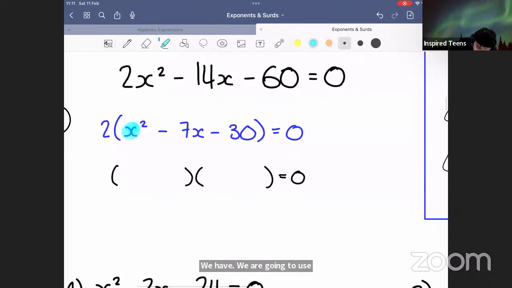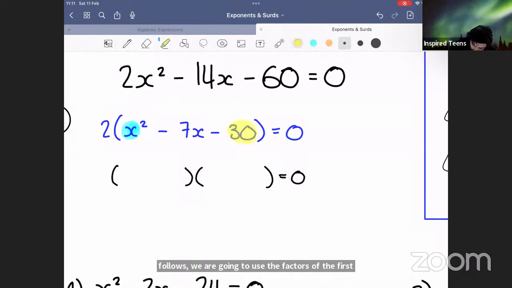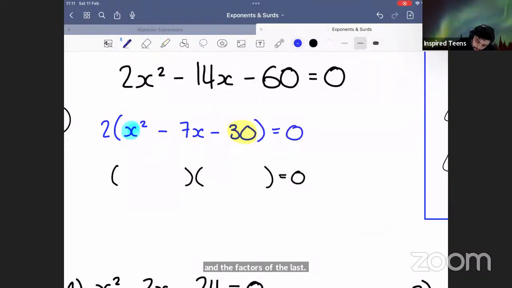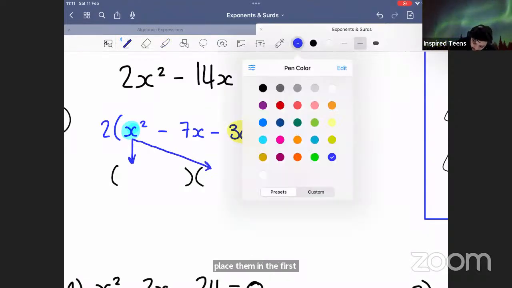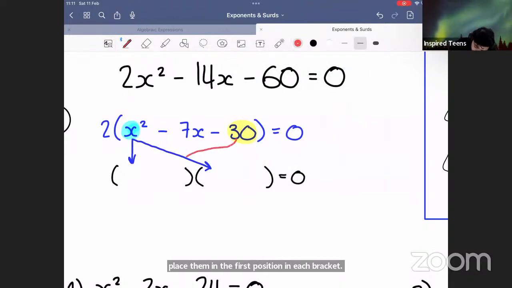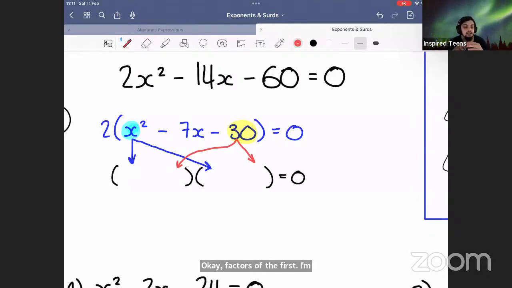We are going to use the factors of the first and the factors of the last. With the factors of the first, I am going to place them in the first position in each bracket. With the factors of the last, I'm going to place them in the last place in each bracket.